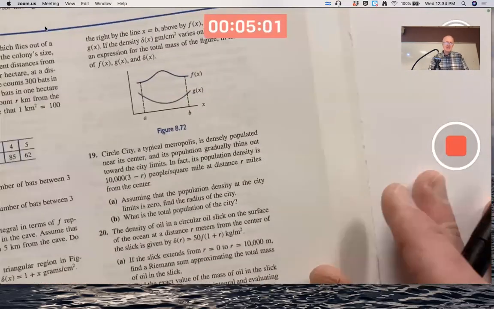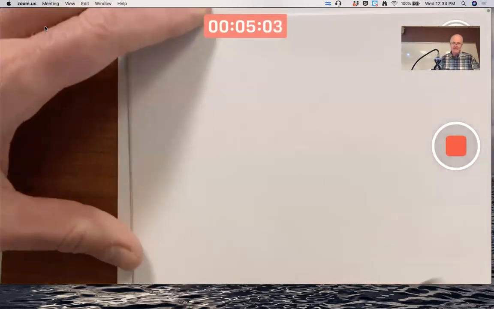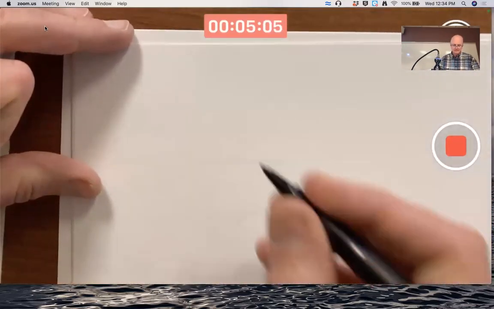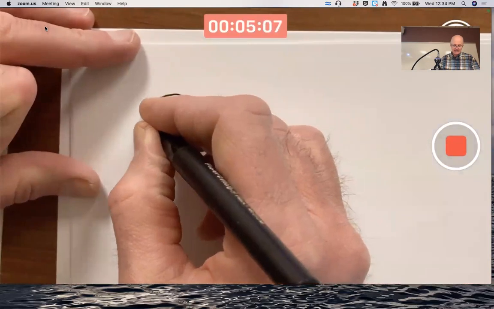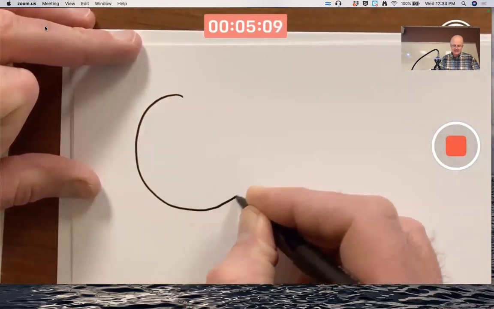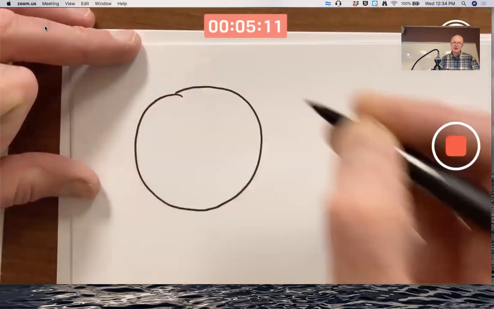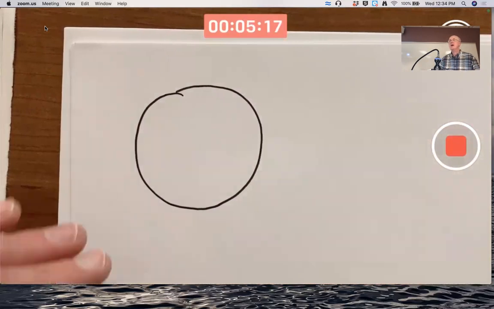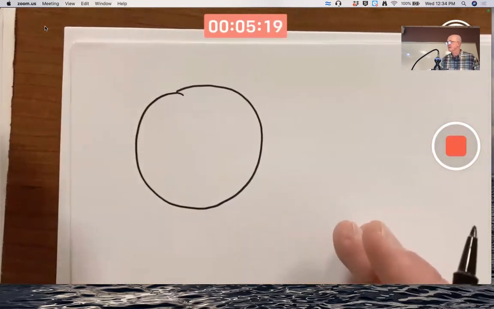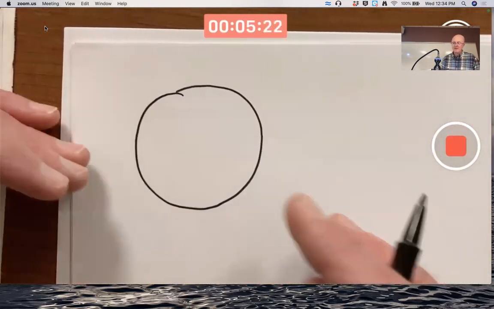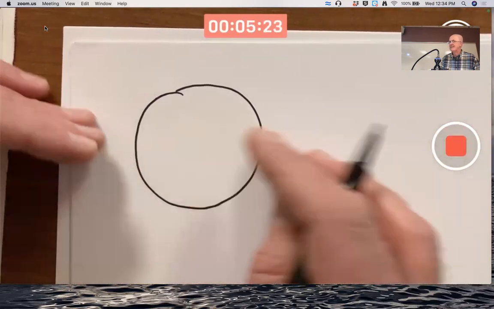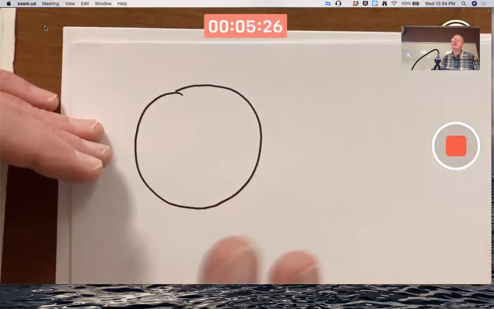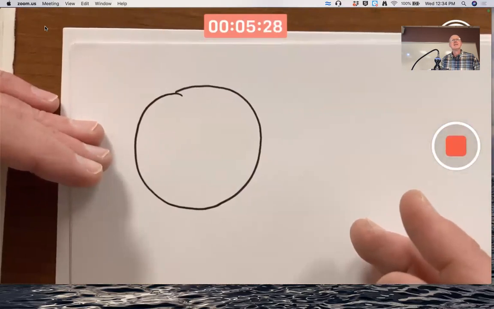So once again, let's make a drawing. Here is Circle City, shaped like a circle. Once again, I could choose a coordinate system with the origin at the center and axes going in certain directions, but I really don't need to worry about the axes here.